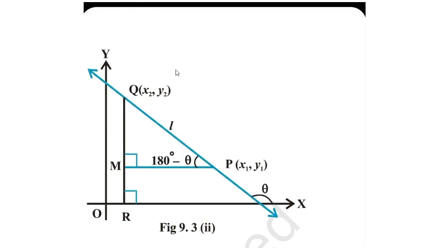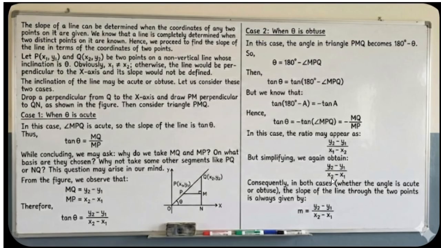Therefore, once you take the minus sign common, MP becomes x1 minus x2, and the minus and minus sign give the same thing.